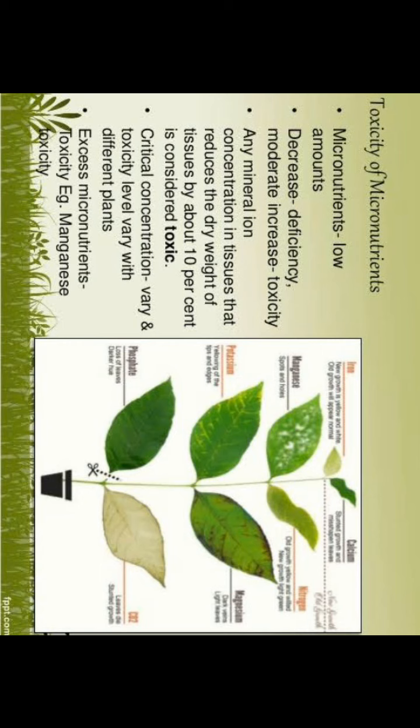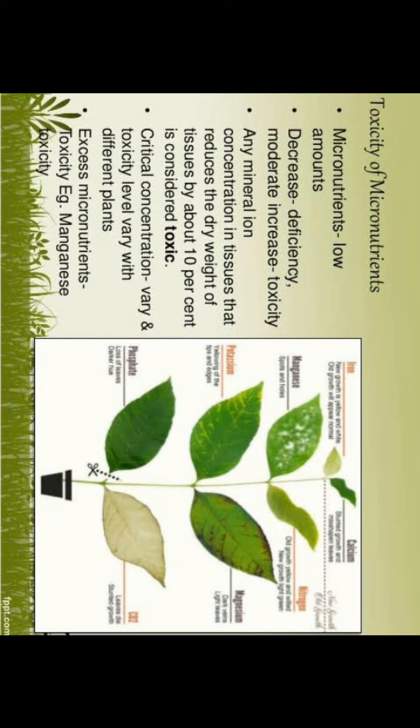The toxicity symptoms are difficult to identify. Toxicity levels for any element also vary for different plants. Many times excess of an element may inhibit the uptake of another element.